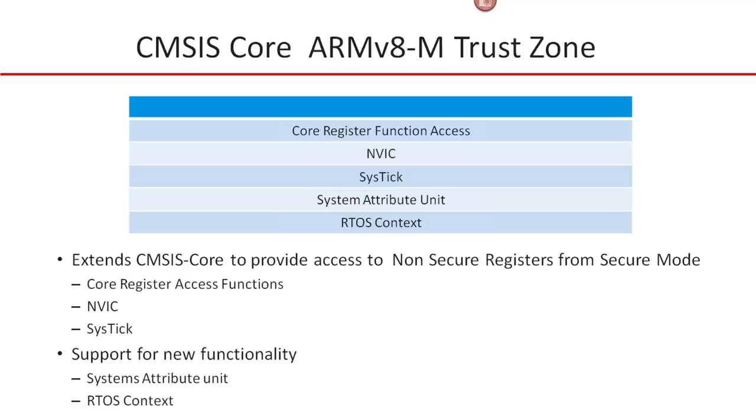Typically when the processor starts, it will boot in secure mode, and we need to configure the secure registers and also the non-secure registers. So these new functions allow us to easily do that. Then we have some new functions to configure the system attribution unit, and also to manage the RTOS as it switches between secure and non-secure mode as well.